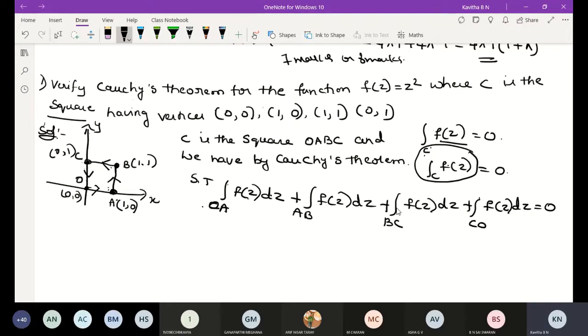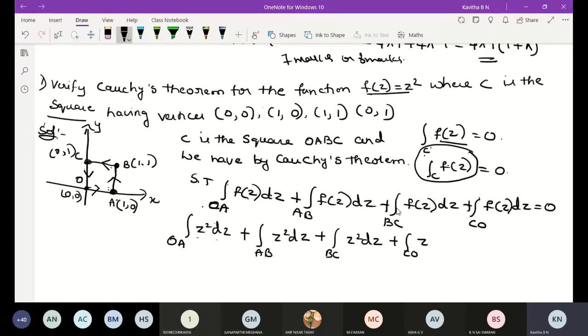Write down. Here f of z is nothing but z square, so this can be written as the integral of OA z square dz plus AB z square dz plus BC z square dz plus CO z square dz equal to 0.